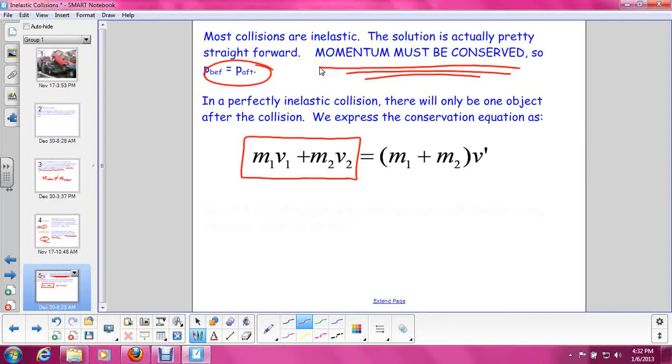What's slightly different here, and that we have altered to explain inelastic collisions, is that now the final momentum of the system has one single velocity because there's one object, and the mass is now the mass of each of those objects added together.